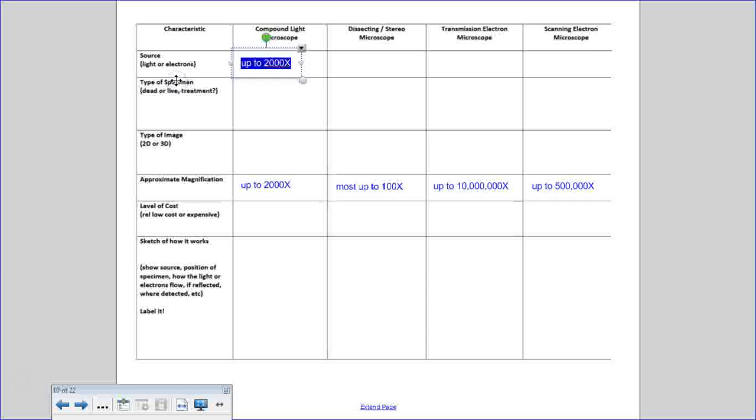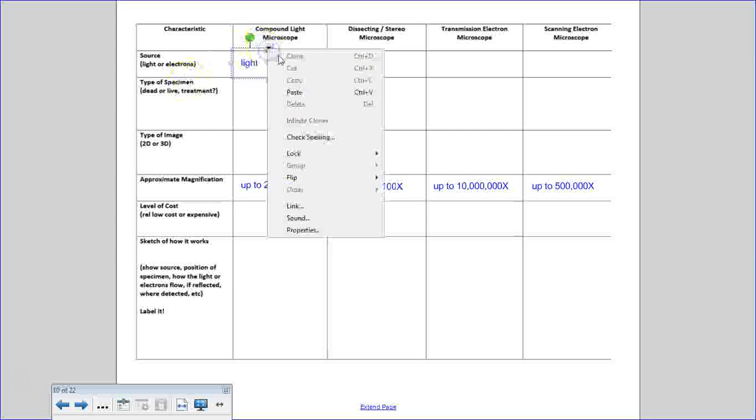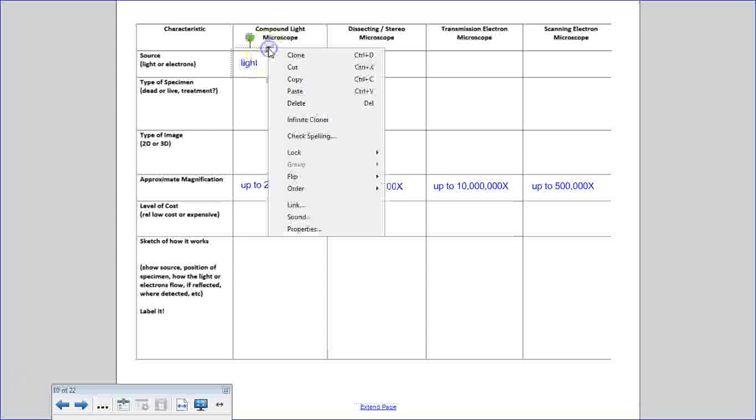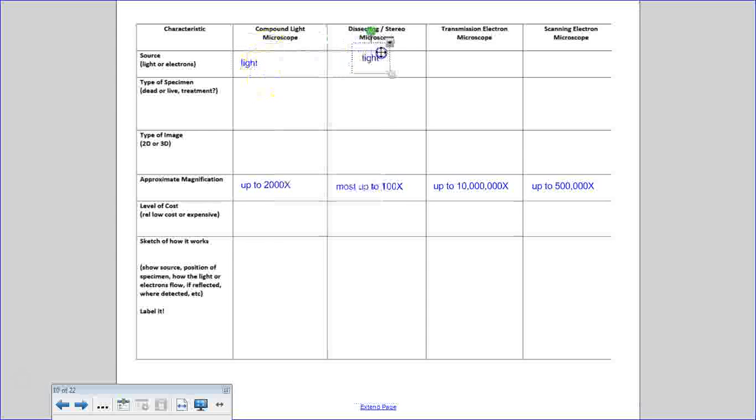Okay, the first row is talking about what source is used to produce the image. Does it use light or does it use electrons? Obviously, if it's called a compound light microscope, then it must use light. The dissecting or stereo microscope also uses light.